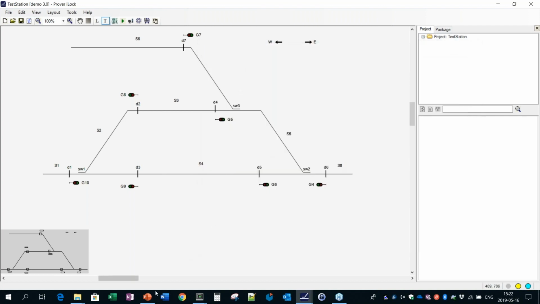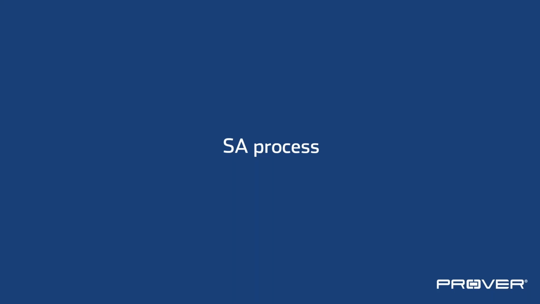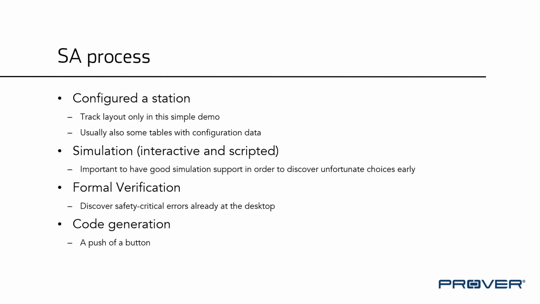Okay, that's actually the specific application process I wanted to show you. In a real-life example, it would be more of the same, and there would be, for example, tables to configure timer values and stuff. So we decided to omit that for the demo because it simply makes it easier to make the demonstration, and I think you get the concept anyway.